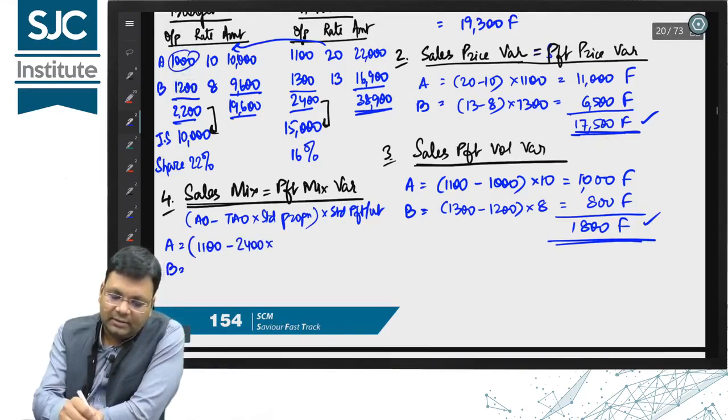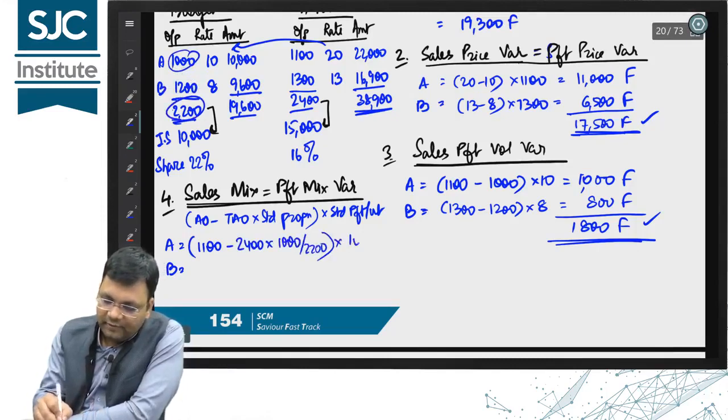Okay, 1000 by 2200 will be standard proportion here, into profit per unit is 10.